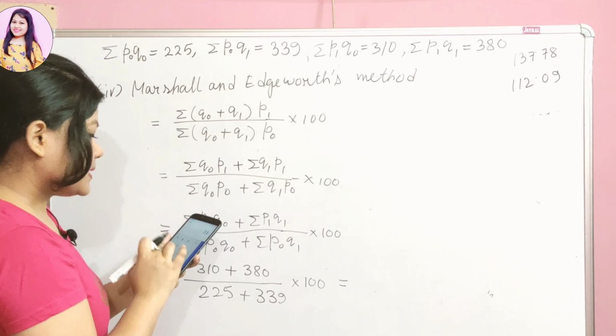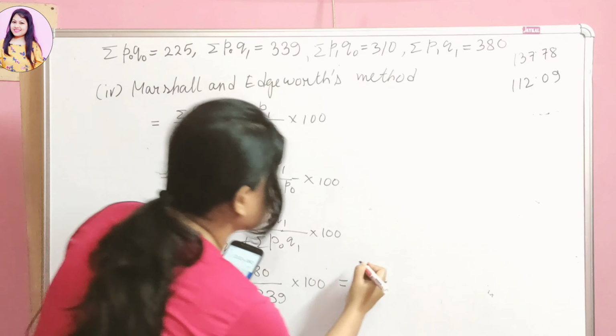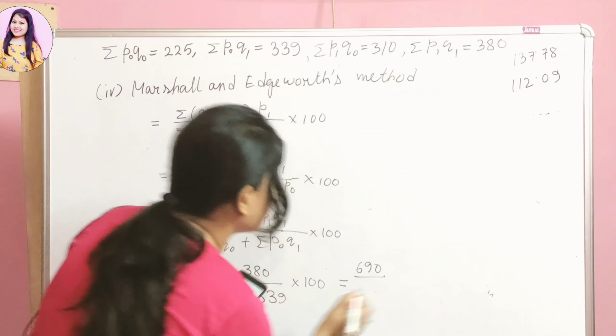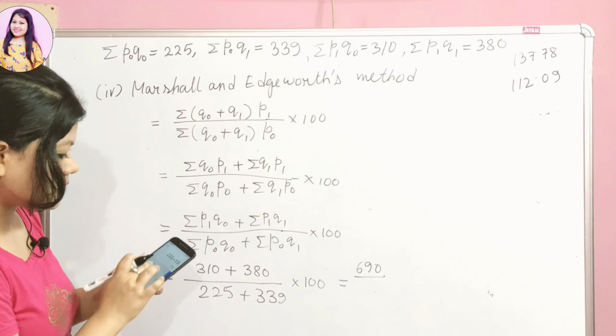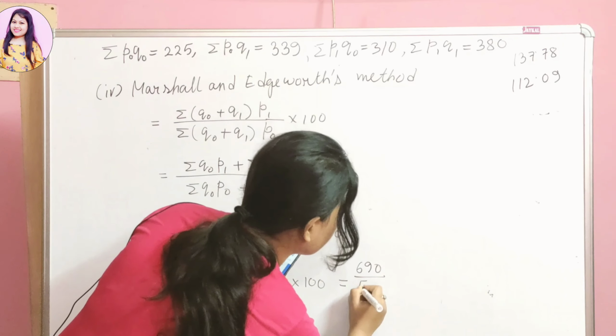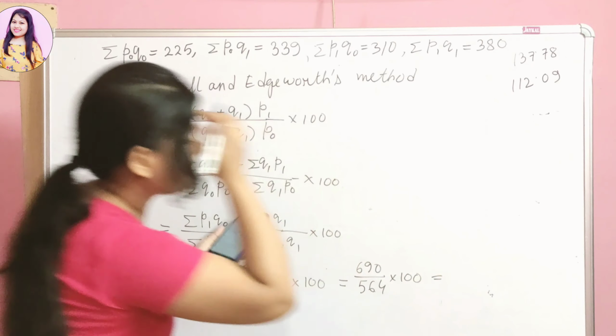Here 310 plus 380 is equal to 690, divided by 225 plus 339 which is equal to 564, into 100.